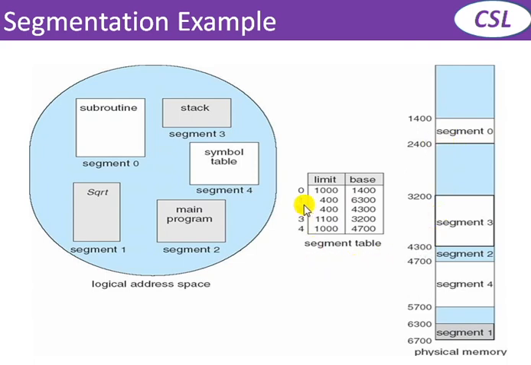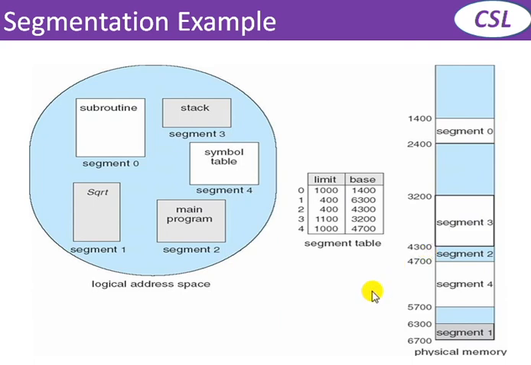Like that, what is segment 1? The SQRT method. Its base address is 6300, the starting address of segment 1, and its size is 400. So 6300 plus 400 is 6700. This is the area where segment 1 will be stored. Like that, every segment is stored in the physical memory. It consists of the starting address, and with the limit we also get the end address.